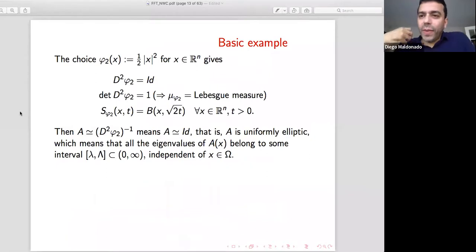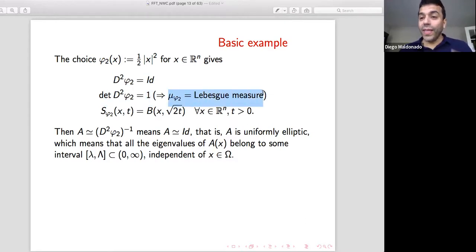All right, it's going to be helpful to keep in mind the following reference. This is the basic example for all this. We've been talking about a generic function phi, right? Let's pick the simplest one we can think of: the usual paraboloid, one half x squared, where x is in R^n. Then the second derivative of that function is clearly the identity matrix, so the determinant of the Hessian is 1.